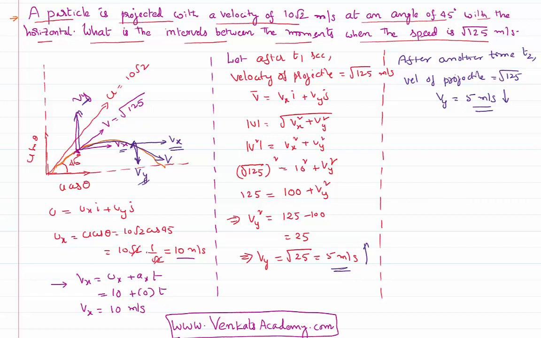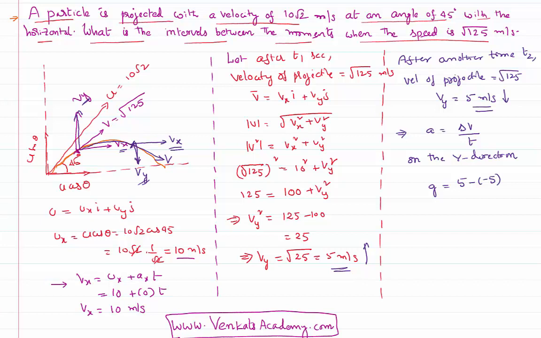We want to calculate what is the difference between these time intervals. So I can write acceleration is nothing but equal to change in the velocity by time. This doesn't happen along the x-axis because v is constant along the x-axis. So on the y direction, a is nothing but equal to g. Vy is, one is 5, another one is minus 5.